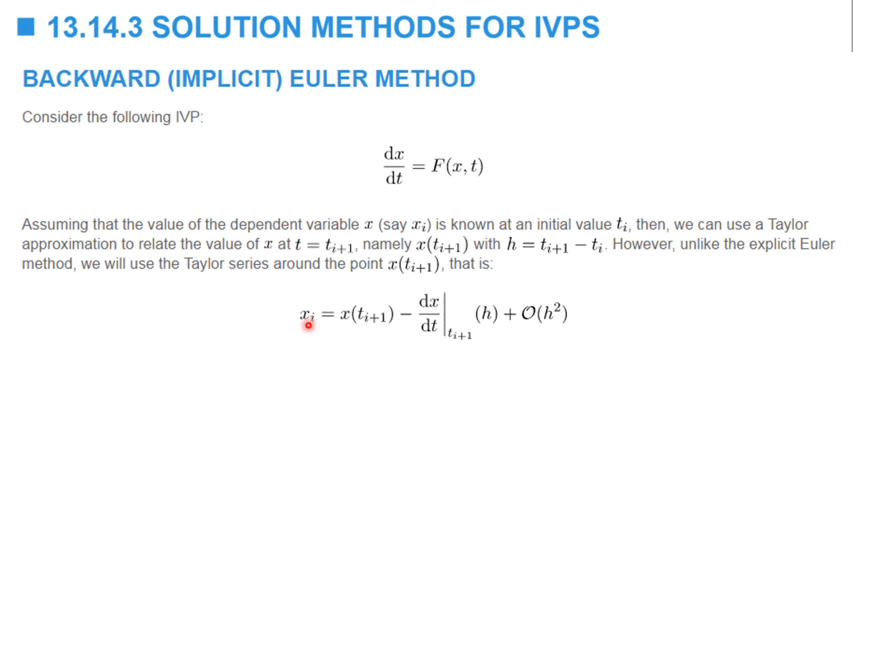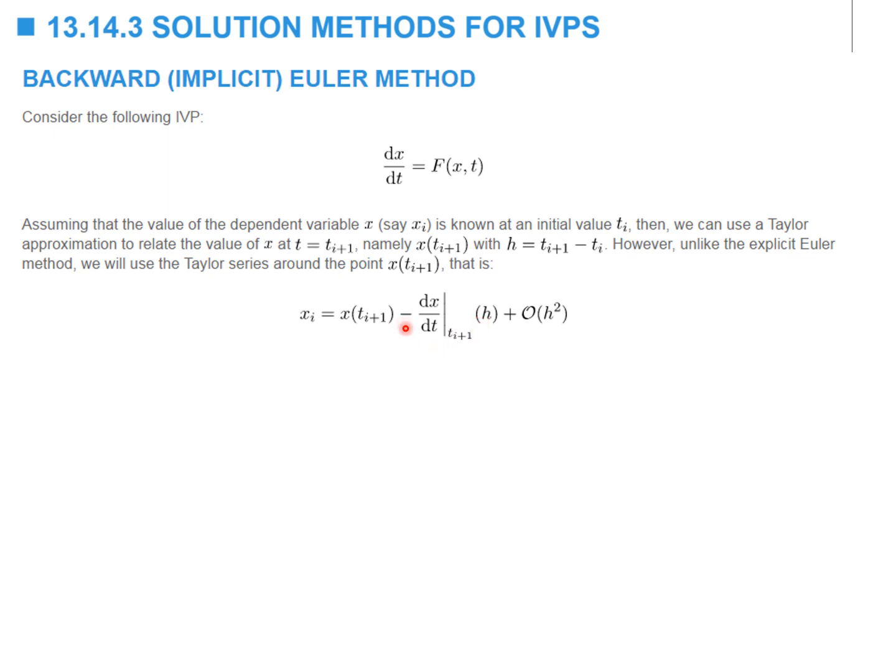In this case, you can write xi, which is the value of x at the time point ti, as equal to the value of x at time point ti plus 1 minus the first derivative evaluated at ti plus 1 multiplied by delta t.